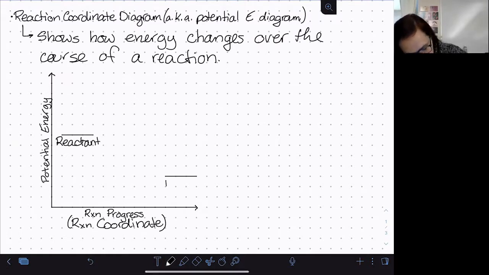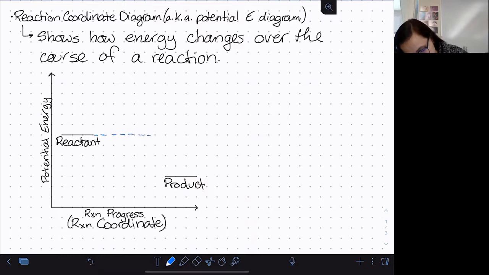So in a reaction coordinate diagram, somewhere on the left we have a dot or a line, depending on how you want to draw it, representing our reactants, and somewhere off to the right we have the same thing representing the products. So everything we've been talking about in thermodynamics, delta H, delta S, delta G, all of our deltas, is dealing with the change or the difference between the reactants and the products.